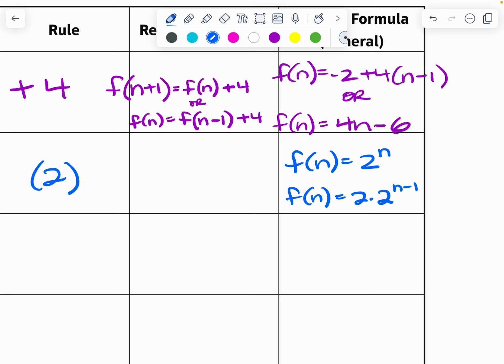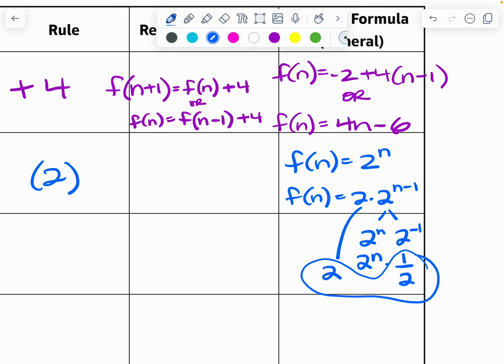Remember how we broke that up? That was 2 to the n times 2 to the -1. Right? 2 to the n times 1 over 2. And then, whoa, we still have this 2. If you notice, 1/2 of 2 is 1. 1 times 2 to the n, oh, look, it takes us back to that problem right there.